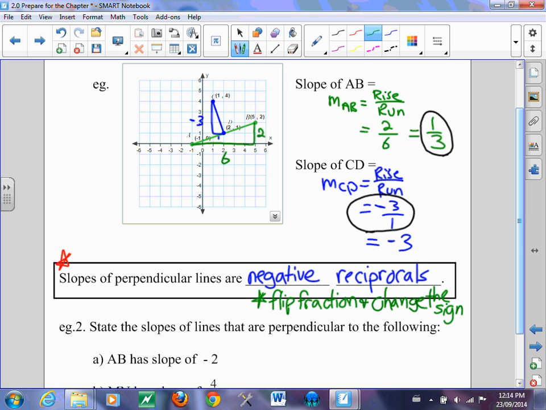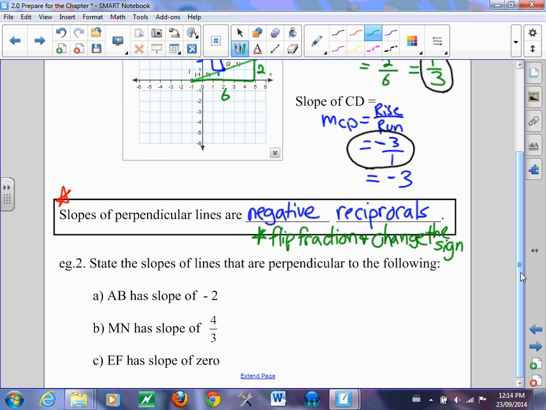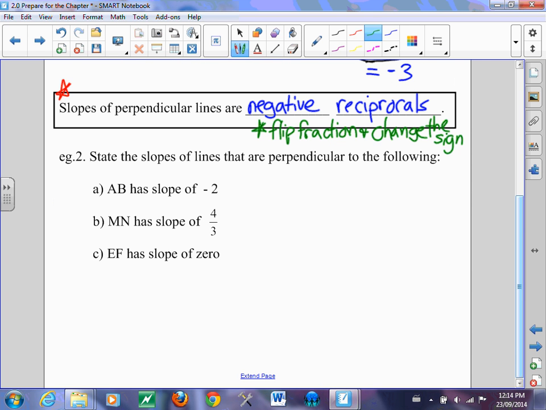Okay? We'll do a couple examples down here just to make sure you're on the right track. Example 2, state the slopes of the lines that are perpendicular to the following. So first of all, AB has a slope of -2. Okay? So you're going to say M equals -2, but I want to make that into a fraction so I can flip it. So remember, a whole number, to make it a fraction, becomes over 1.